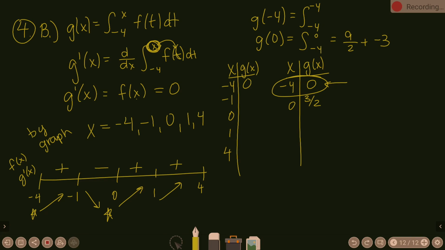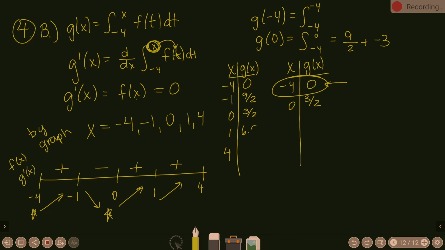Okay? g of negative 4 would be 0. The integral from negative 4 to negative 1 would be 9/2. At 0, we just had 3/2. To go to negative 4, when you go 1 over, you're going to be adding 5 to this. So that's going to be 1.5 plus 5, 6.5.